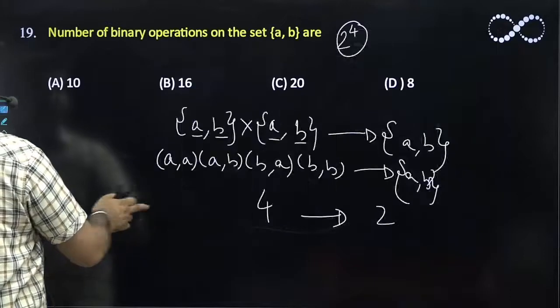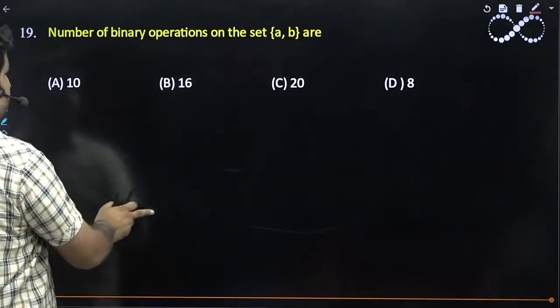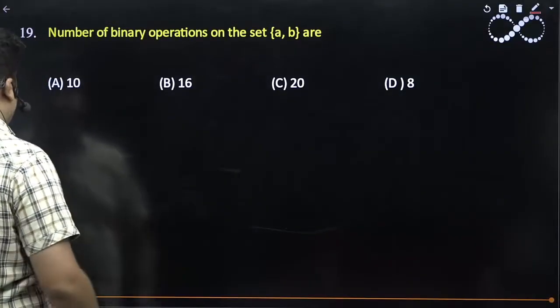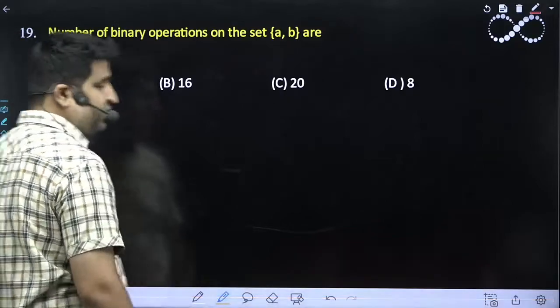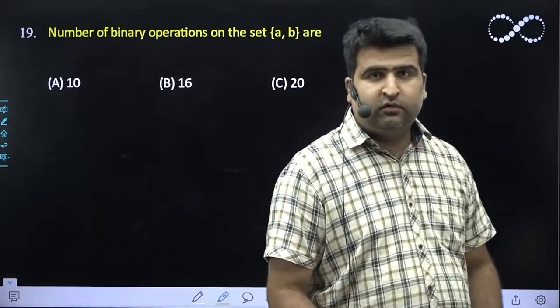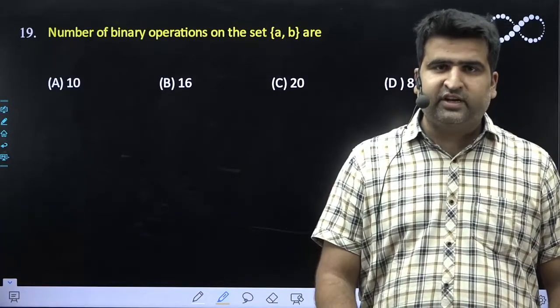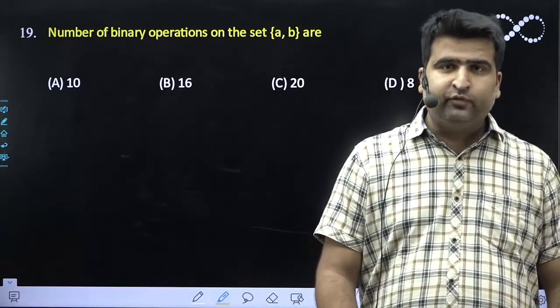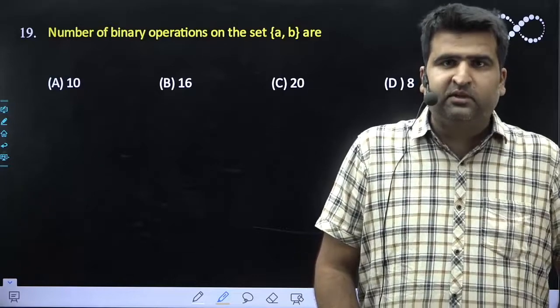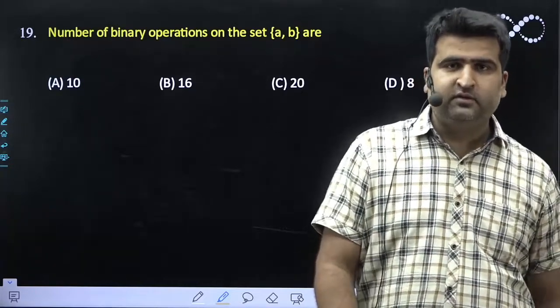So this was the last question, and this concludes our final exercise, which was the miscellaneous exercise for relations and functions. Stay tuned for more chapters and more videos from us. This is Infinity Vision, and thank you.